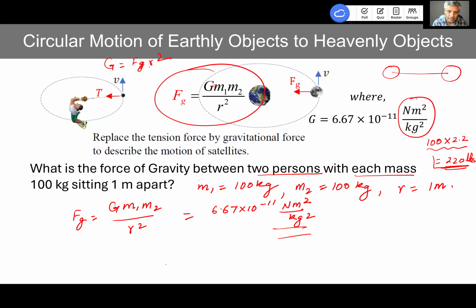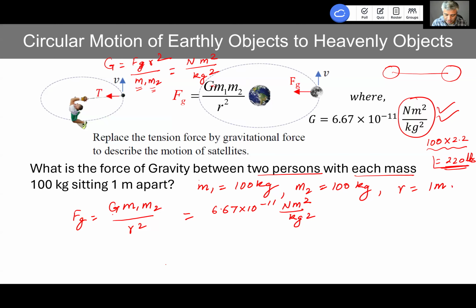It's not 9.8. That g simply stands for force due to gravity. Over m1 m2, because I have to divide by this. So if I write units, the unit of force is Newton, the unit of distance is meter, and since distance is being squared, this is going to have a square on it. And the unit of mass is kilogram. So kilogram times kilogram means kilogram squared. So that's where this unit is coming from. Okay.